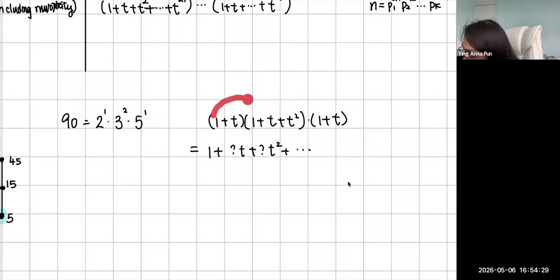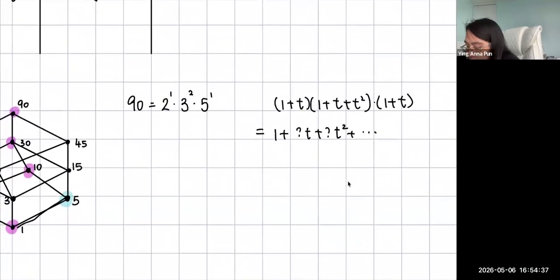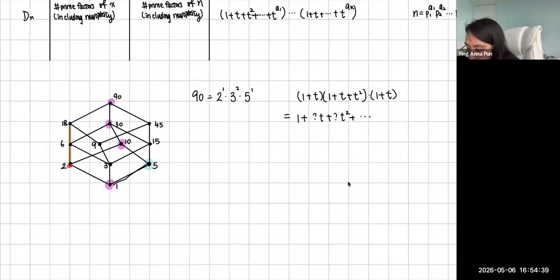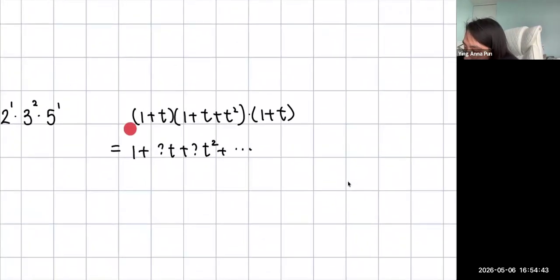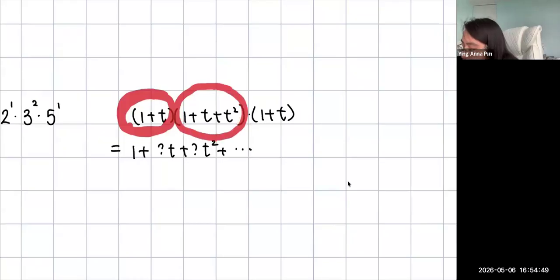So there are 3 different ways to create it. And how do these correspond to the 3 numbers 2, 3, and 5? Just think about these as the parentheses for 2, for 3, and for 5.